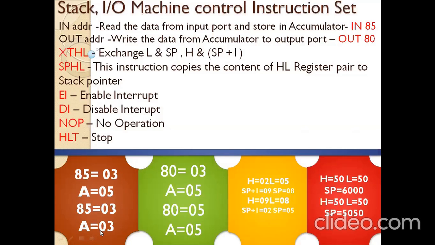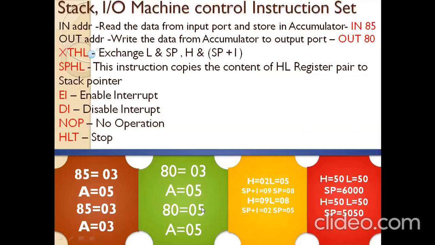It is moved to the accumulator. Next, OUT 80, where 80 is the address. The value there is 03, and the accumulator value is 05. Now it will transfer the data from the accumulator to the output device. The accumulator value stays the same, no change. Now the output device value is changed to 05.